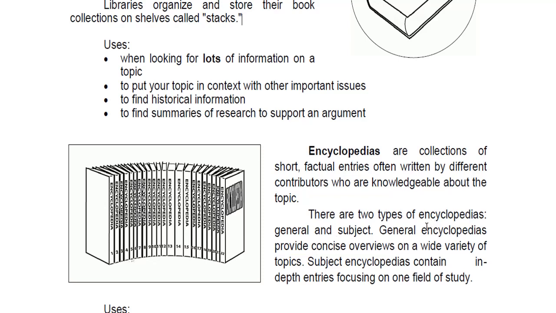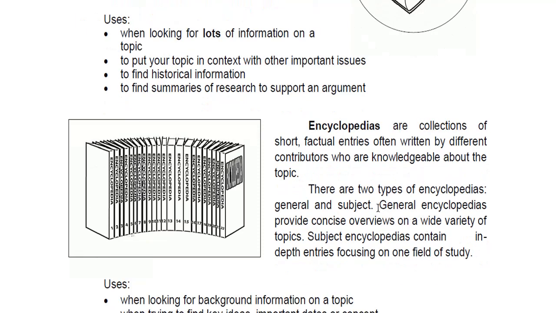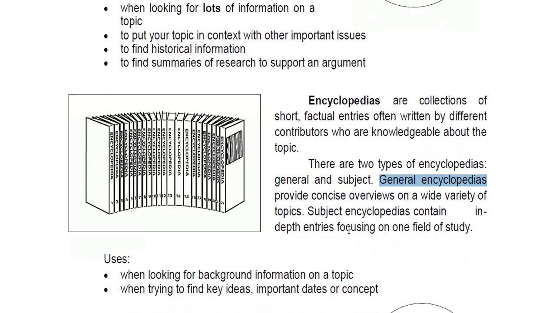So we have general encyclopedias and subject encyclopedias. When you say general encyclopedias, they provide concise overviews on a wide variety of topics. It contains many topics. While on the other hand, subject encyclopedias only contain explanation on a particular field of study.